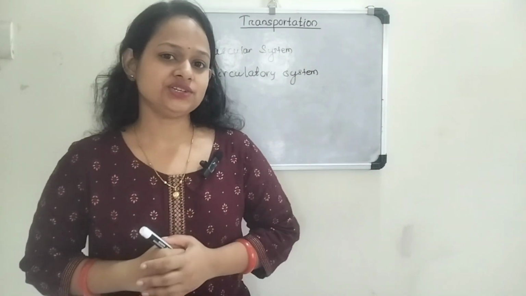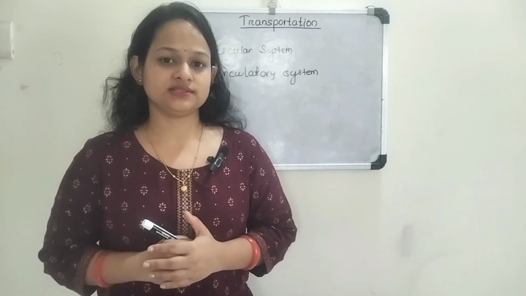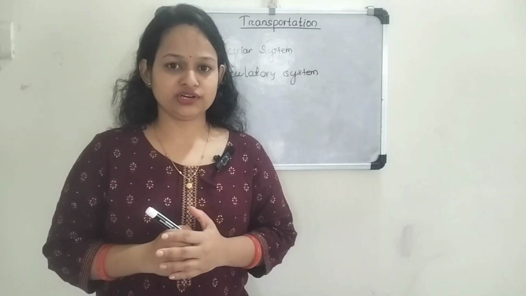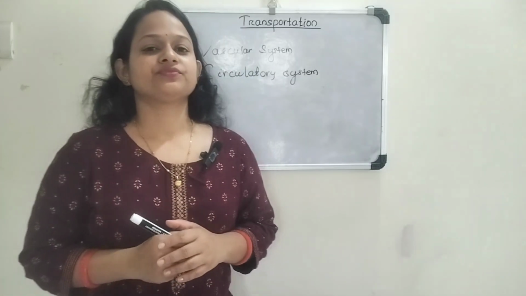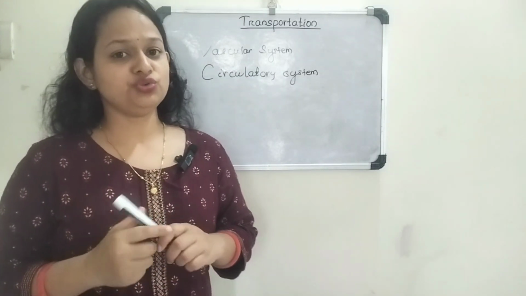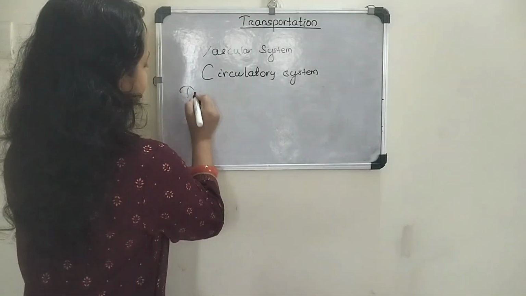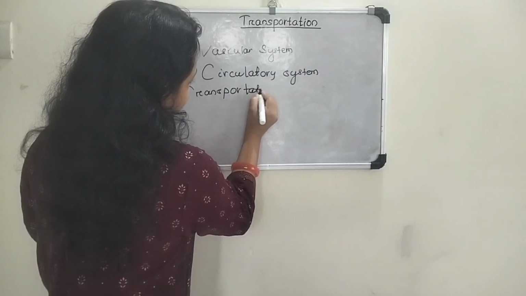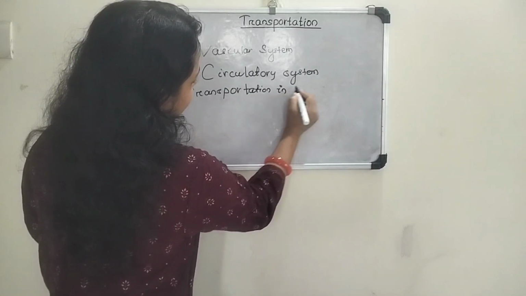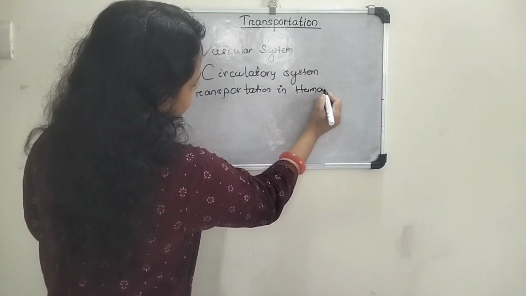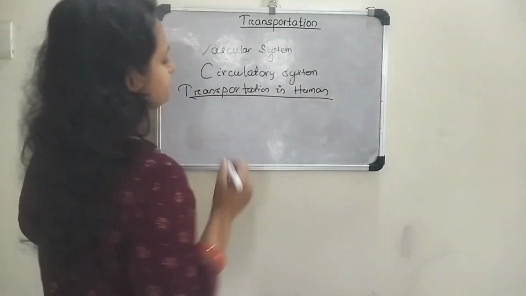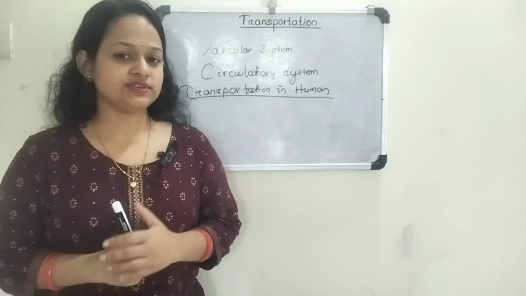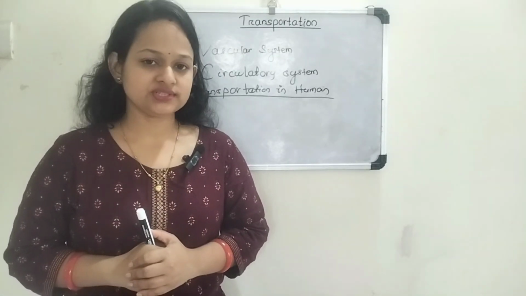In this process, transportation in humans is a very important part of this life process. So, come to the transportation in humans. In humans, they need a specialized system, that is the circulatory system.